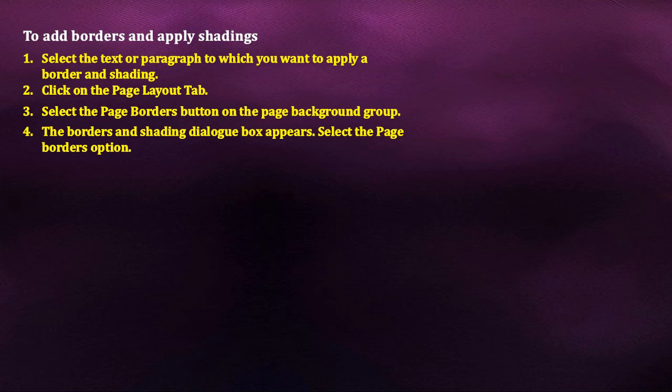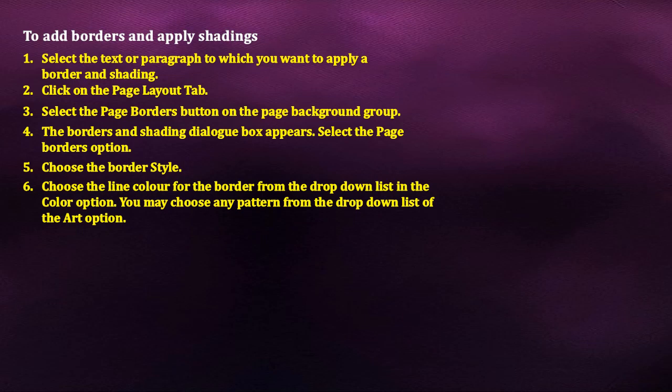The Borders and Shading dialog box appears. Select the Page Border option. Choose the border style. Choose the line color for the border from the drop-down list in the Color option. You may choose any pattern from the drop-down list of the Art option.